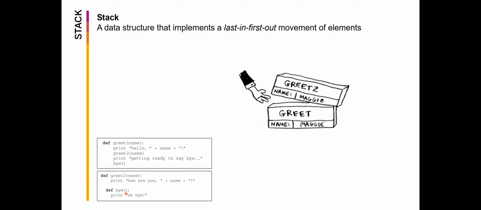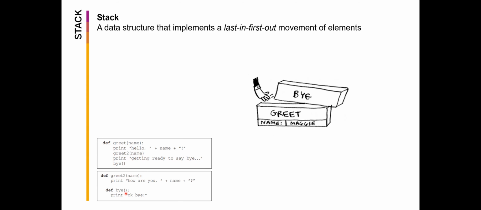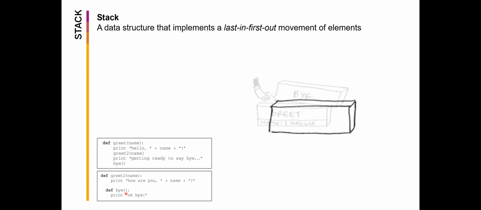The bye function again stacks on top of the greet function. So again, we're not ending the greet function yet. We stack a new one to say okay bye until we end the bye, and then we end the greet function. So we arrive again at the clean state in the box or allotted resource.